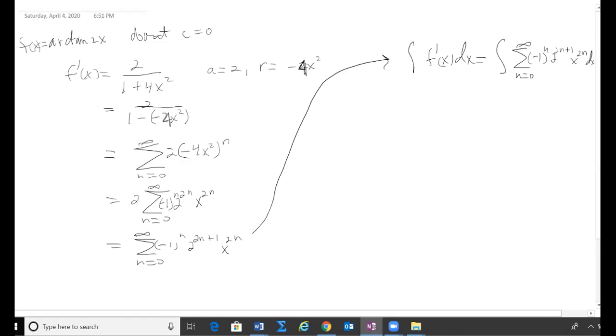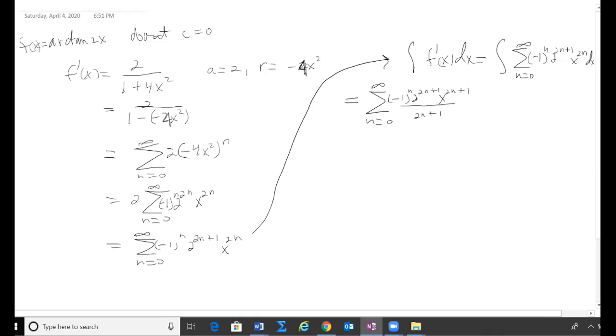Let's see, now I'm going to integrate that term by term. I'll just stay inside on this one. Negative 1 to the n, 2 to the 2n plus 1, x to the 2n plus 1 over 2n plus 1.